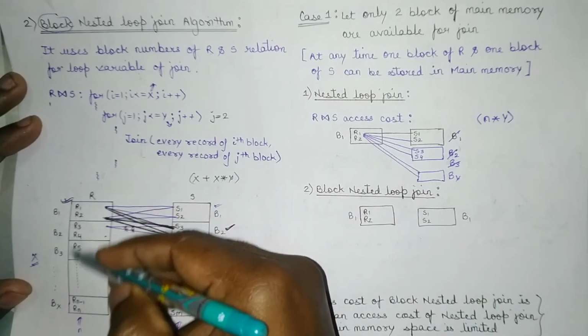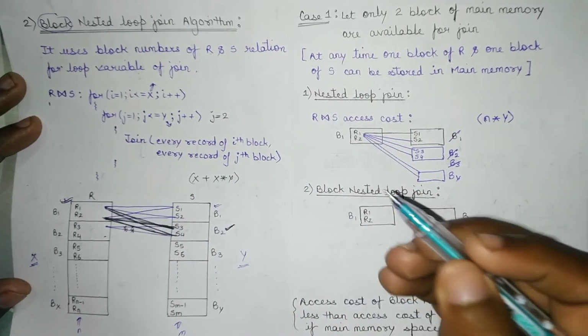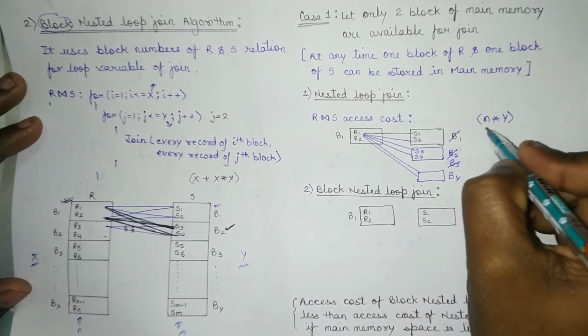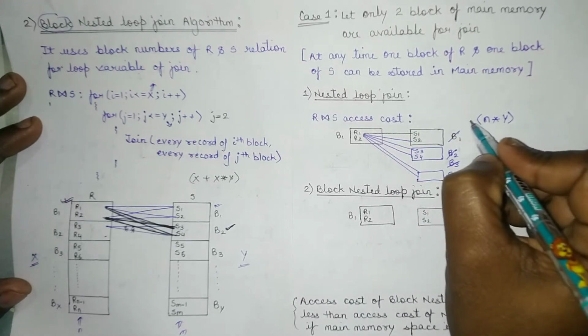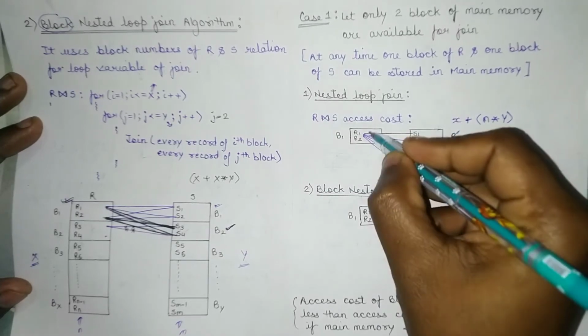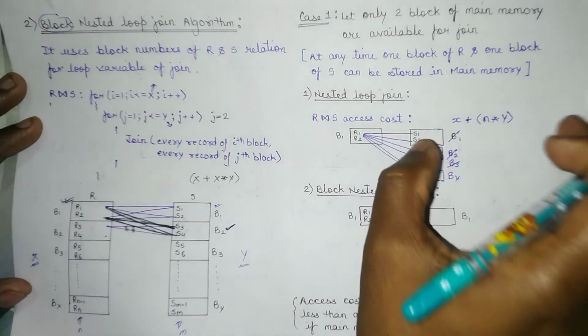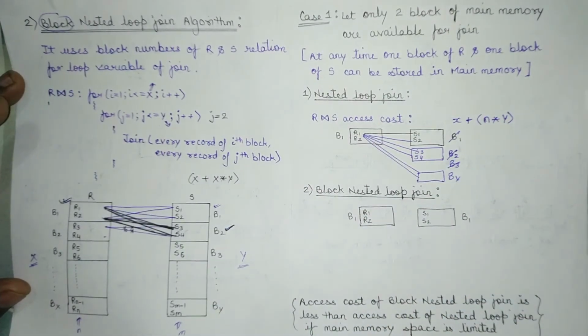That means the X blocks that you have in the R relation also need to be accessed one by one. So n into Y plus X, because X blocks need to be accessed. This is exactly the same thing I discussed quite before.